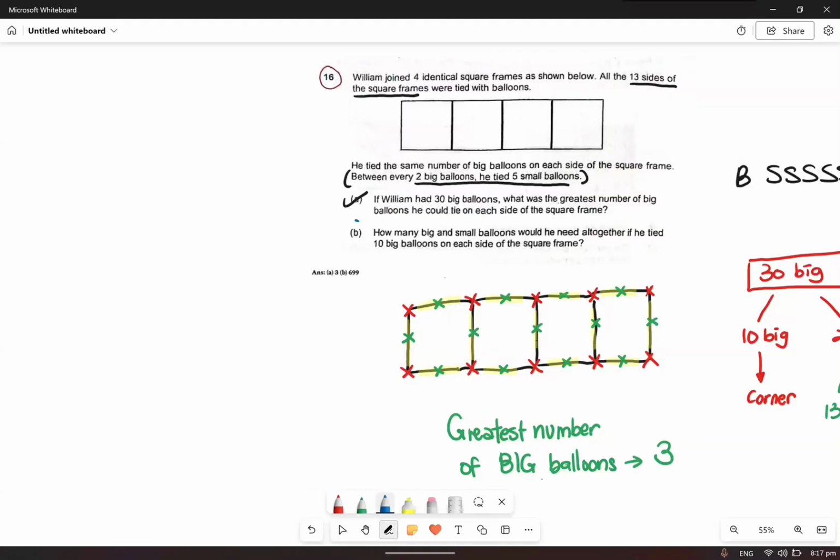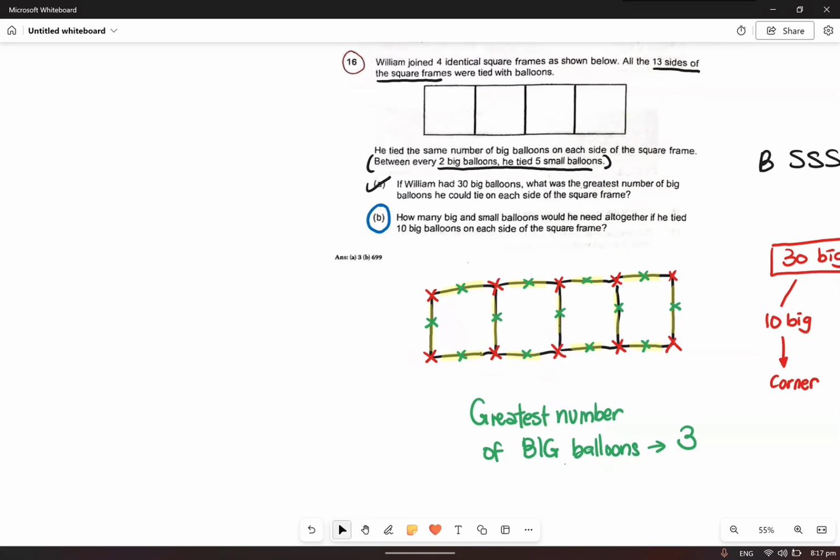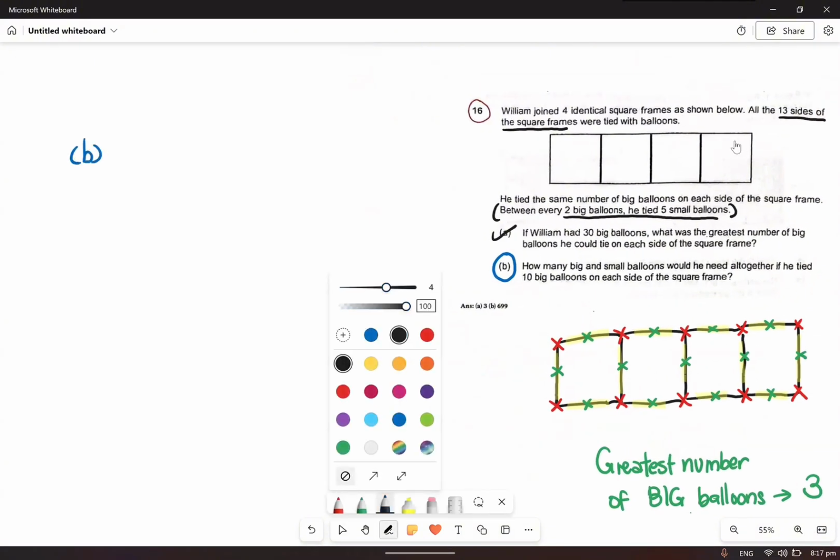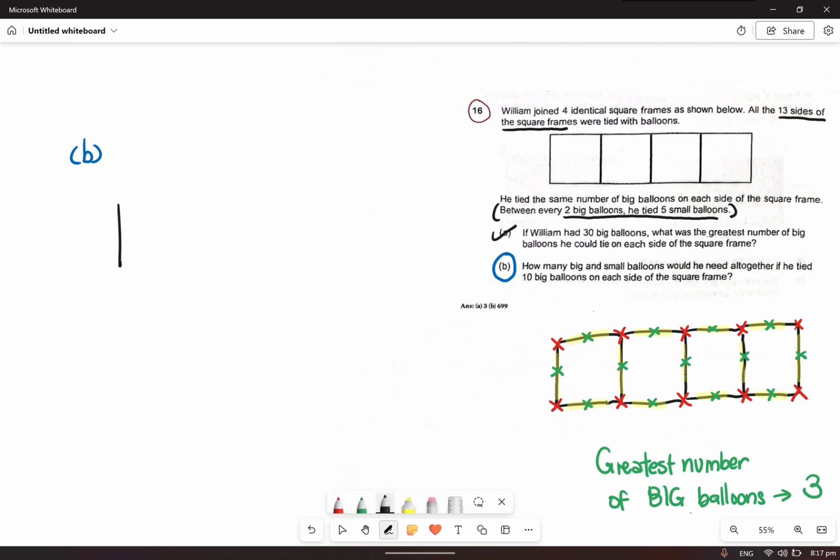So now the next question says, how many big and small balloons would he need all together if he tied 10 big balloons on each side of the square frame? That means I'm going to redraw. Now I'm going to have B drawn out. Again, 13 sides, true?